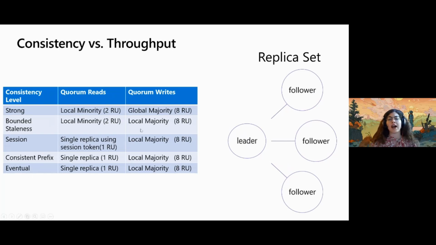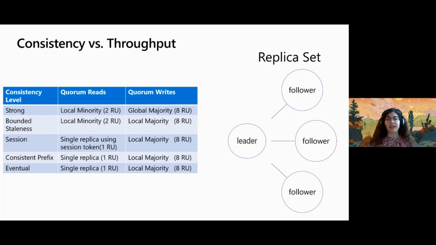For the writes, what this means is that if you have, let's say, the minimum 400 request units and strong consistency, you can read basically 200 requests per second, because every read costs 2 request units. For the writes, there is no difference in the cost.